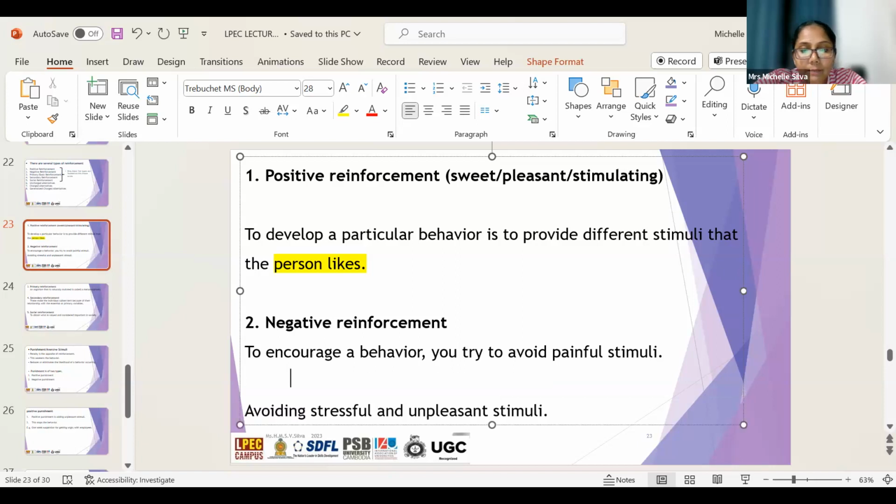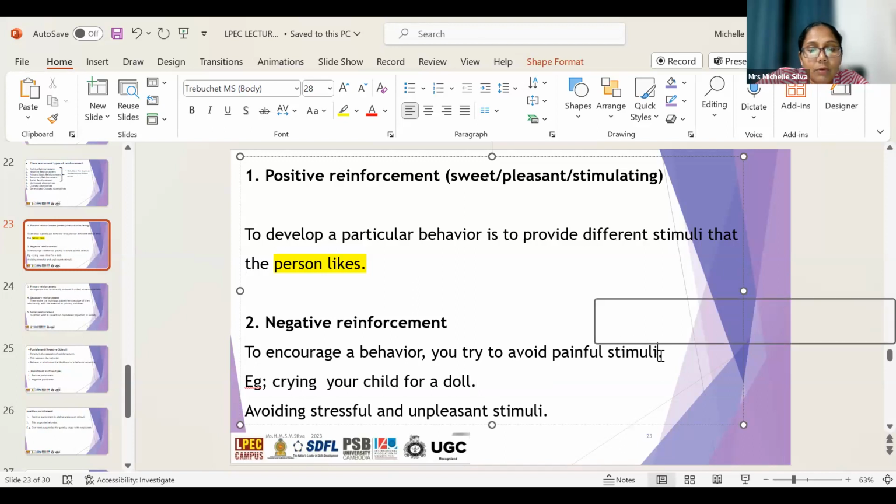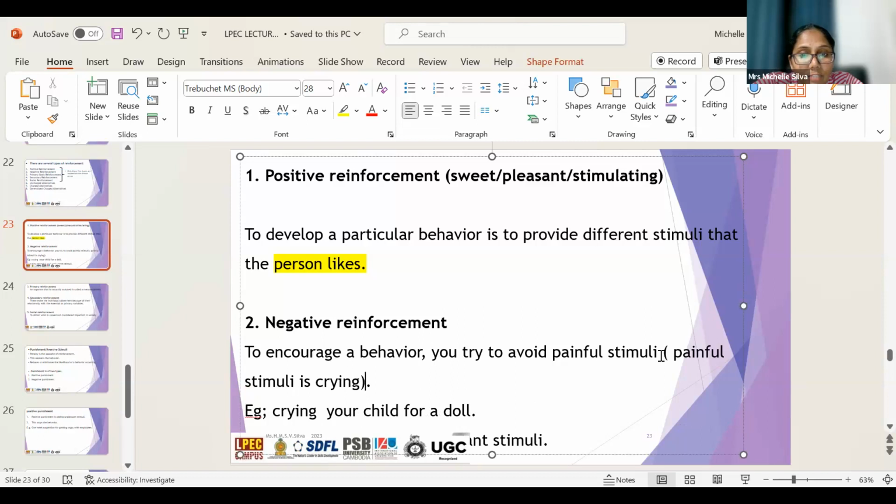The crying. You want to avoid it. So in order to avoid that painful stimuli, you purchase that doll and give it to your child, because that crying is a very painful stimuli for you.